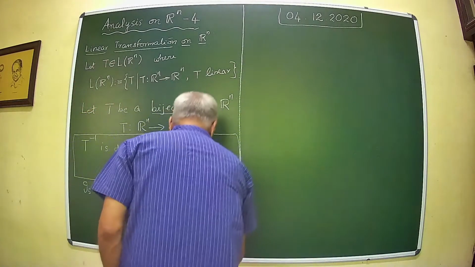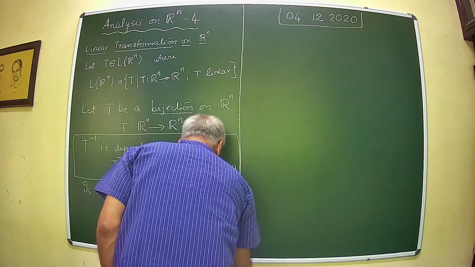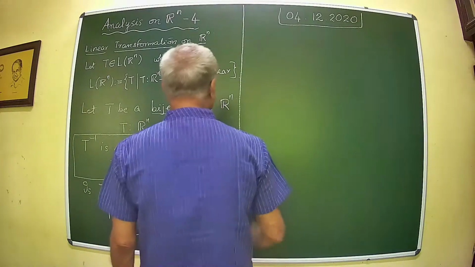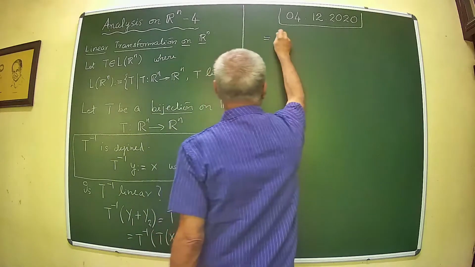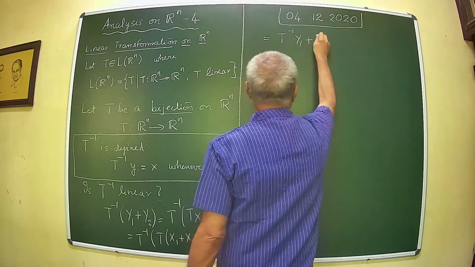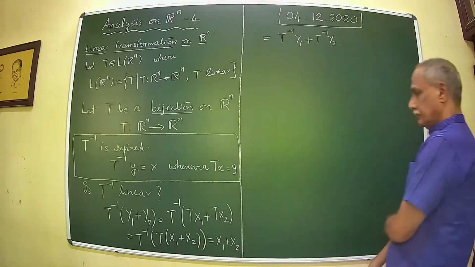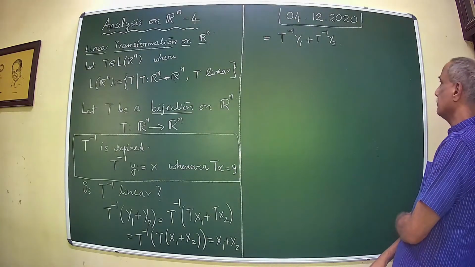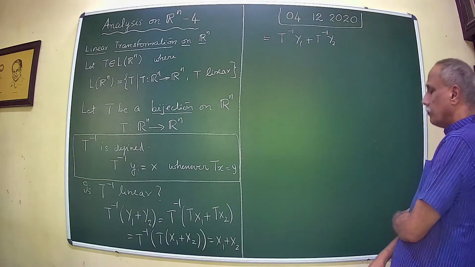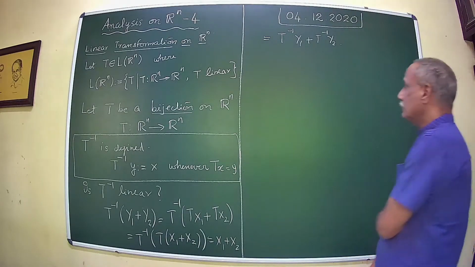Therefore, this is equal to x1 plus x2, and that is equal to T inverse of y1 plus T inverse of y2. Therefore, T inverse is additive.